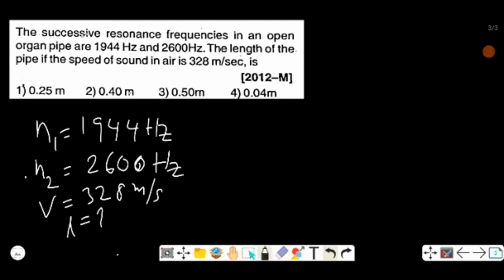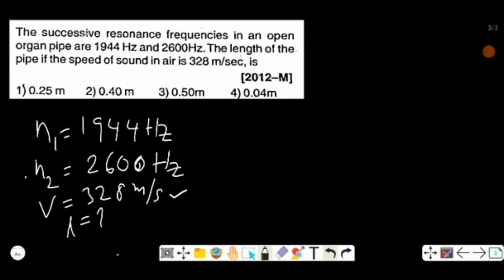The successive resonance frequencies in an open organ pipe are 1944 Hz, that is N1 is equal to 1944 Hz, and another frequency N2 is equal to 2600 Hz. The length of the pipe L is equal to how much? The velocity of sound V is equal to 328 meter per second.